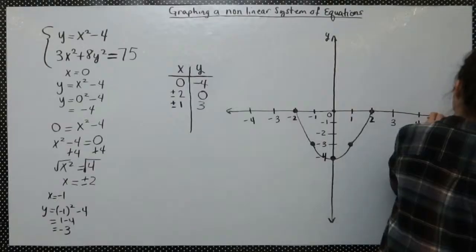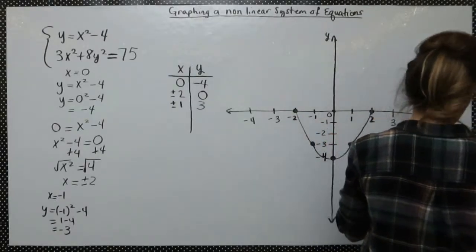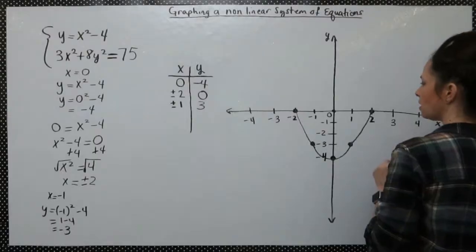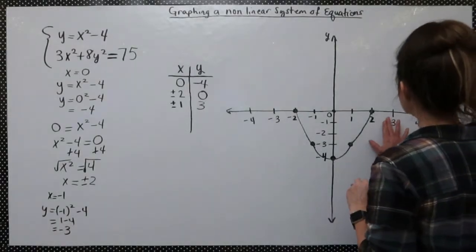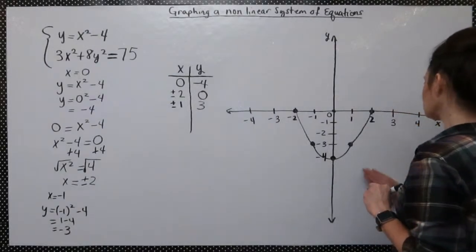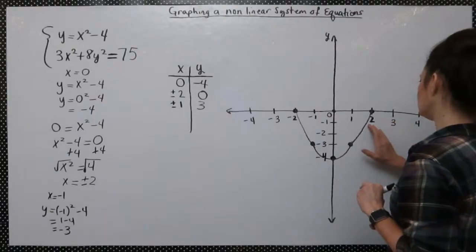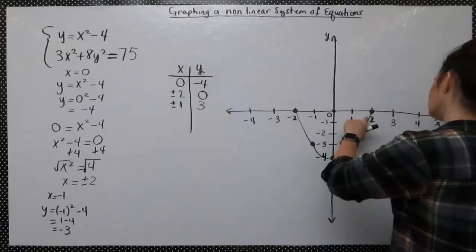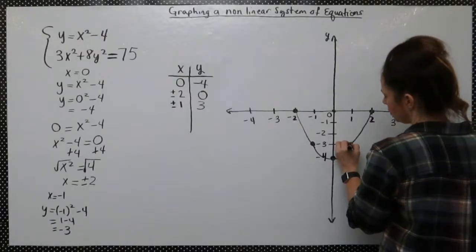One of the reasons why I picked this function was because it's going to give me a little bit more practice sketching the graph of these parabolas, because eventually I do want to get into some of the applications and look at some of those falling body or projectile motion problems.